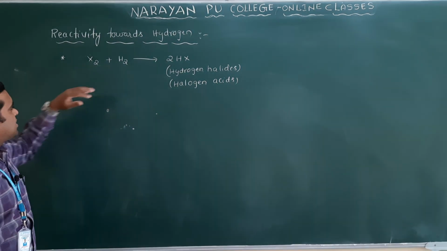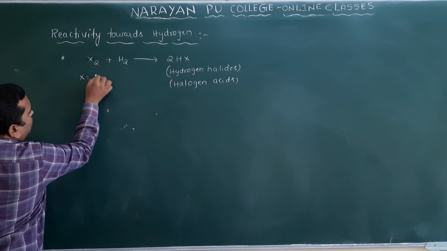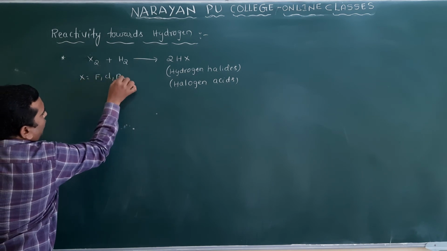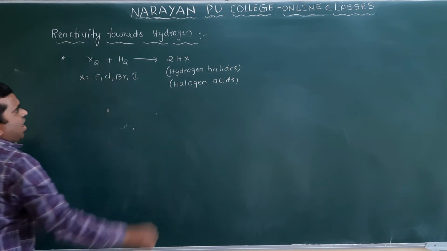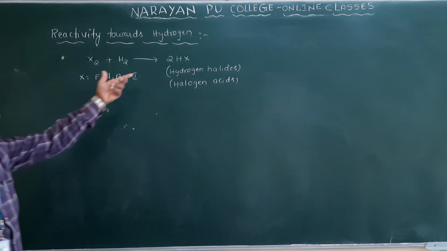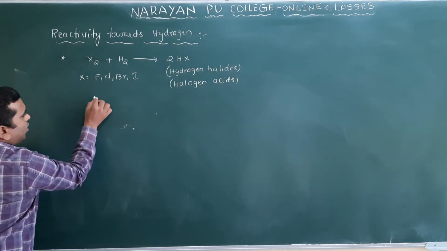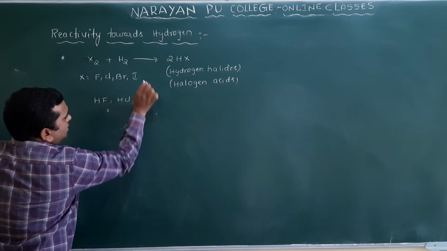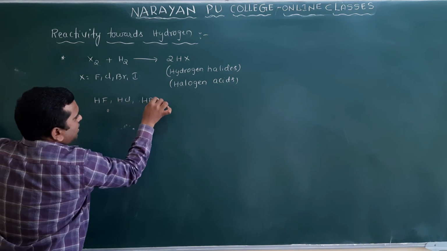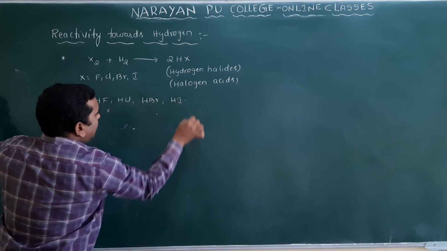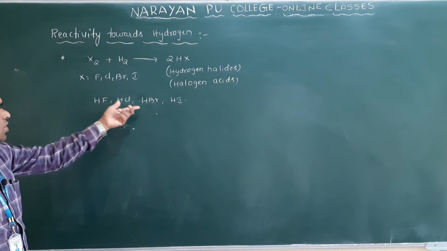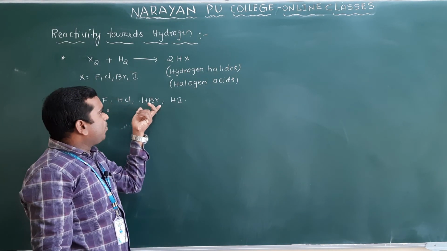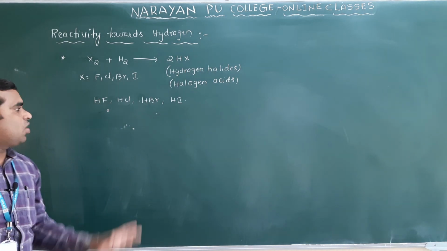So X means what? X is equal to fluorine, chlorine, bromine and iodine. HX: HF, HCl, HBr and HI. Hydrofluoric acid, hydrochloric acid, hydrobromic acid, hydroiodic acid, all are acids.